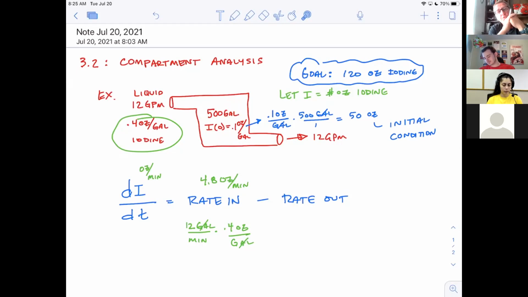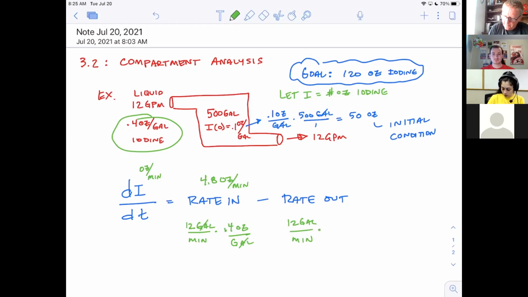Of course you might have to do that as a part of your system. But you do have 12 gallons per minute going out, just like in the rate in example.